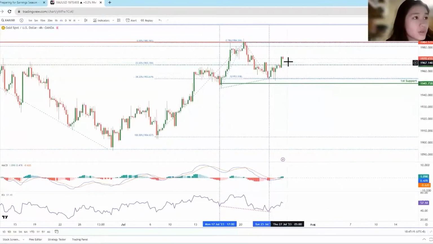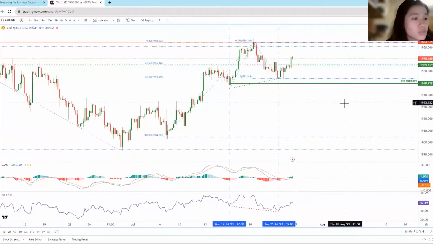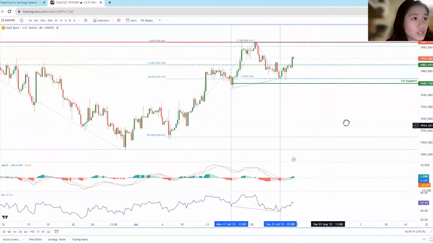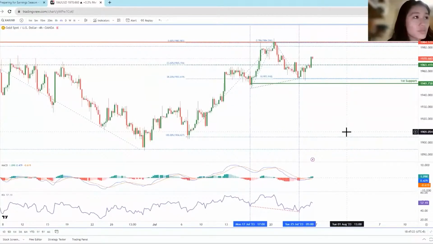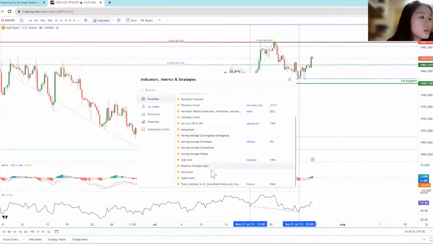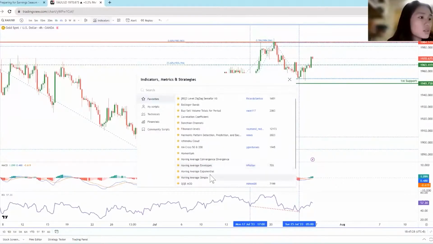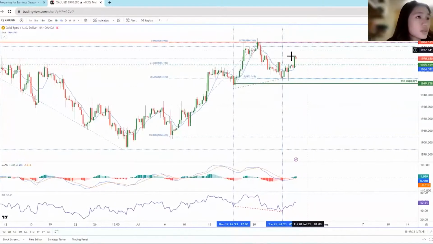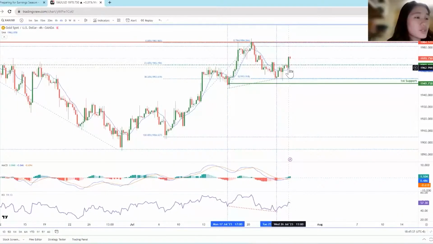So we could be seeing price continue to drop because this is a bearish divergence here. Okay, but on our SMA, it's moving above the line as well.